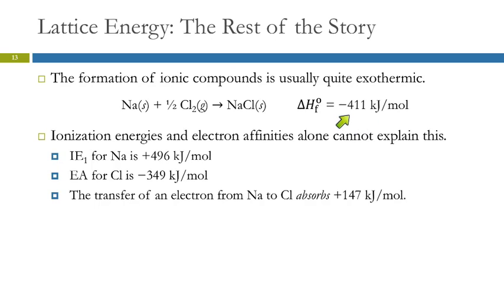The reason that this is negative is that when those ions come together, they release a lot of energy. Their potential energy is lowered. So we don't take into account those energies, well, we're going to look at that. Right here, we're just showing you these numbers to illustrate that that's not the explanation, not the whole explanation.